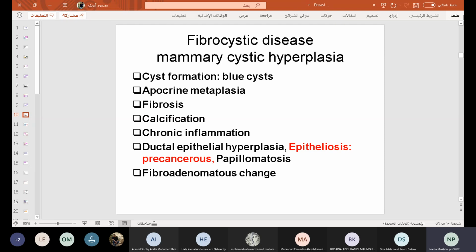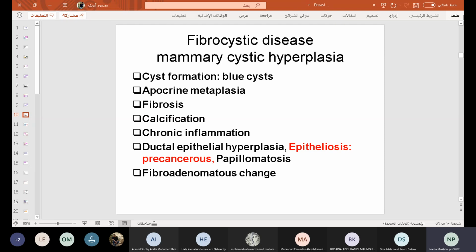Now we shift to another disease. It's not a tumor, but it's a very important disease again because it's frequently met with: fibrocystic disease, or the other nomenclature, mammary cystic hyperplasia. This disease is usually due to high estrogen and it has several criteria.